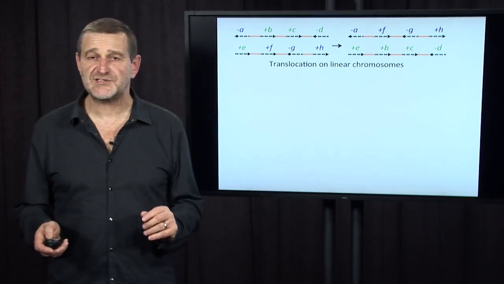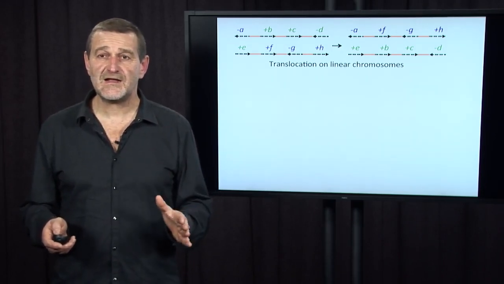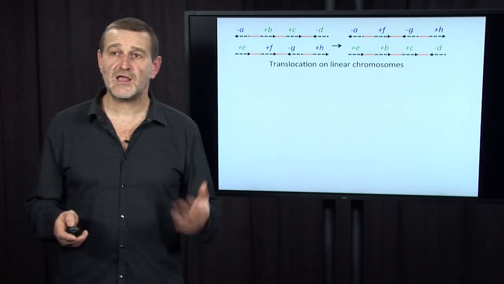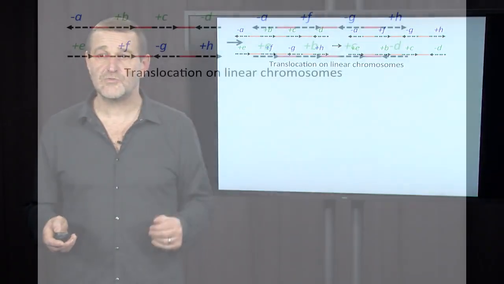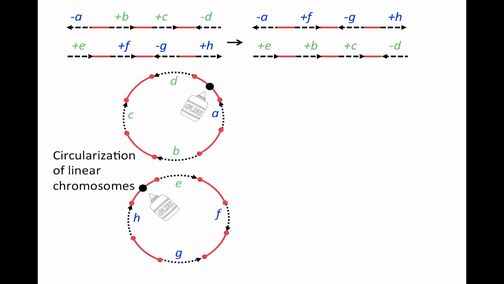What about translocations? The same story. Here are 2 linear chromosomes that, after translocation, transform into a blue chromosome and a green chromosome, shown here. Once again, we represent them as black-red paths. Let's circularize them by just gluing the ends using one of the red edges.